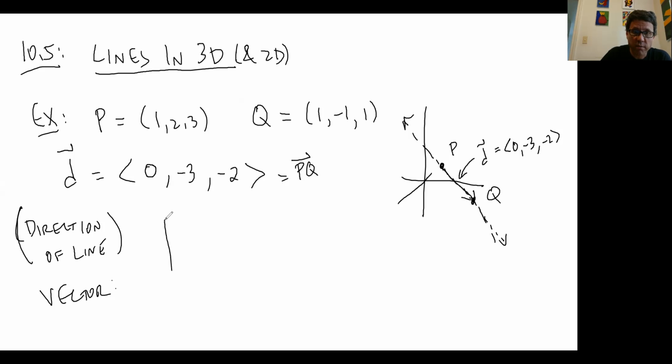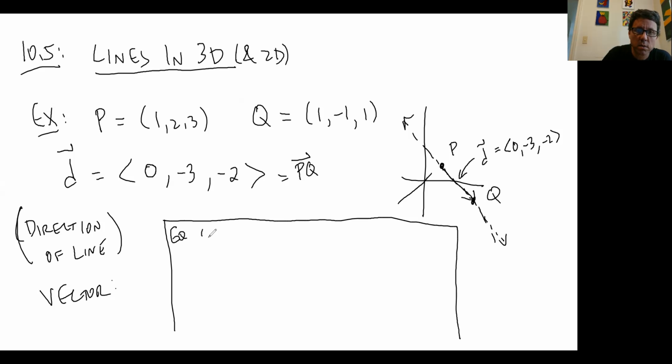So the equation of that line has 3 different forms for it. The equation of the line that I've drawn. Well, one of them is you can write it like this. Kind of write it as a vector here.